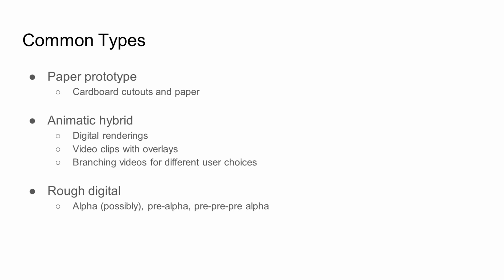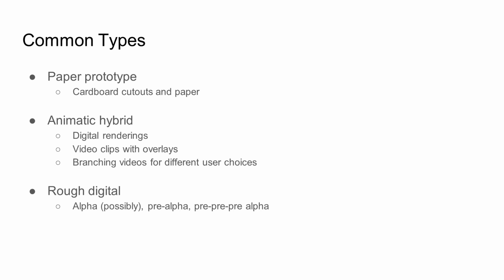It might be digital renderings, it might be video clips, and basically mock up what it would look like to use your design. As far as I can see with this method, the most you can really do is have branching user choices with videos, kind of just like your choose your own adventure books or those quote-unquote interactive films.